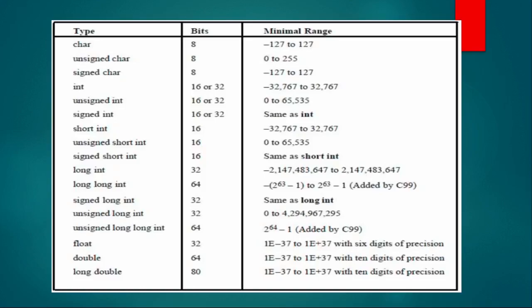Floating point values, you can see them. They are represented with exponentials, and they have different precision ranges. A regular float has 6 digits precision, a double has 10 digits precision, and a long double has 10 digits precision.